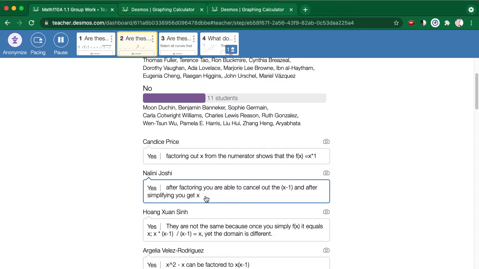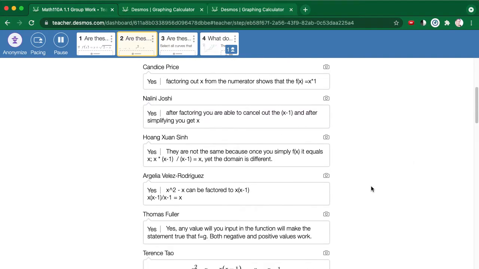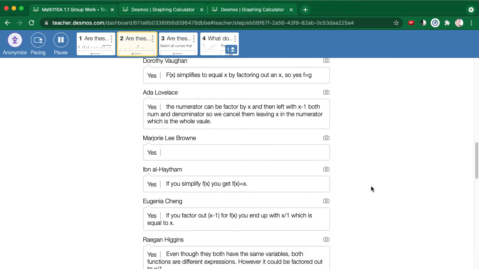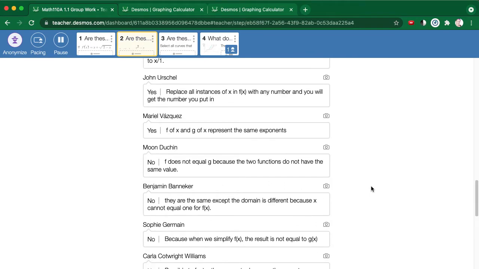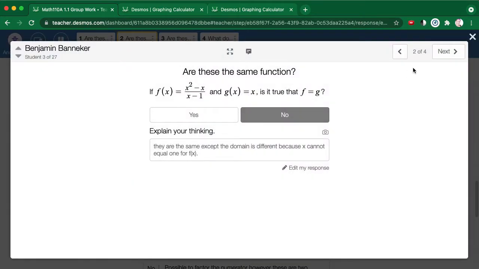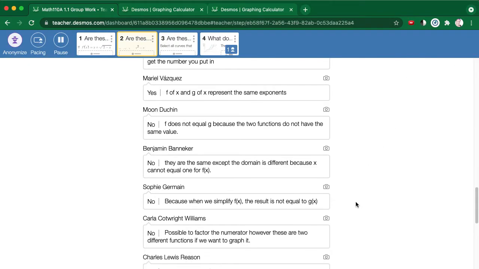And let's actually keep going and look and see who says no, if there's any good explanations for that. They do not have the same value. Well, so far we've only seen the same value. They're the same except for the domain is different because x cannot equal 1 for f of x. That is an interesting clue.